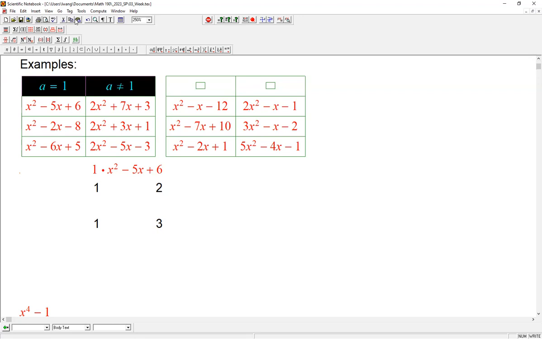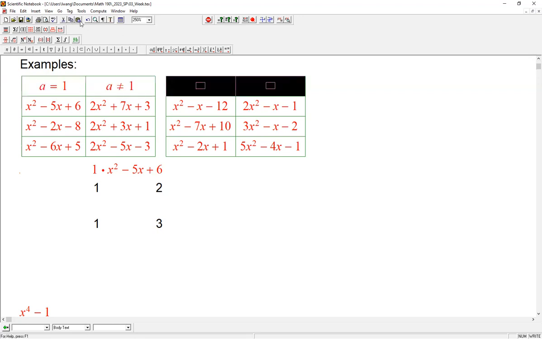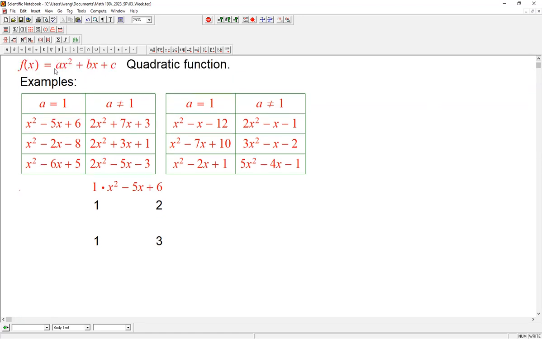So a equals 1 versus a not equal to 1. In the case of a equals 1, 1 equals 1 times 1, and 6 equals 2 times 3. So this is the initial setup, and the rest we play by the rule very clearly in the following way.